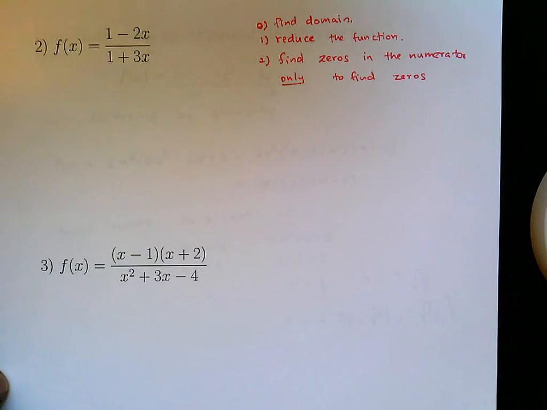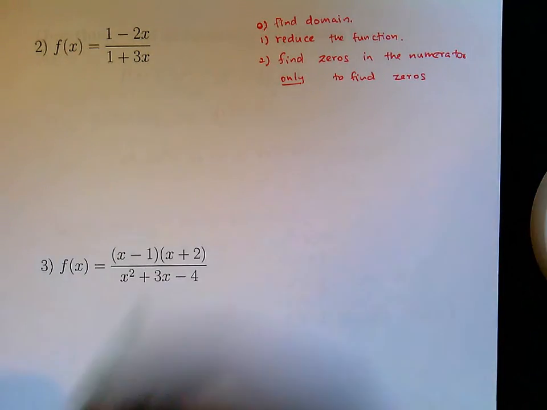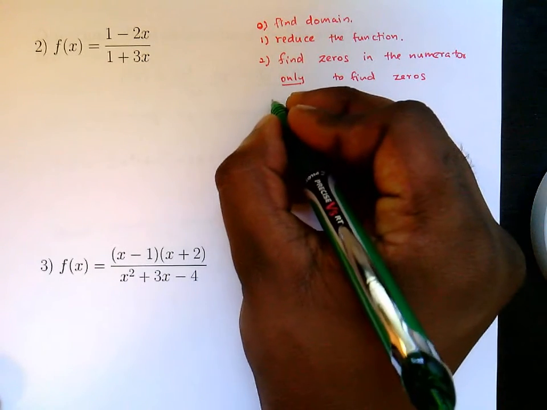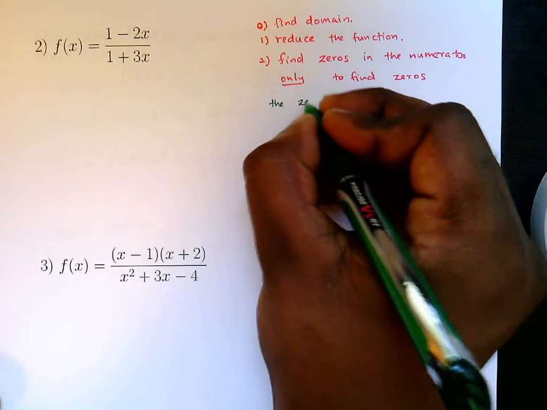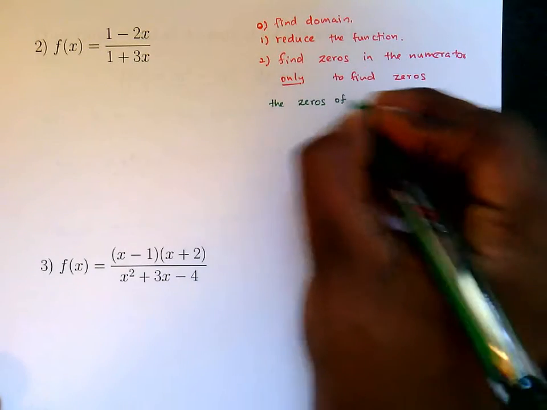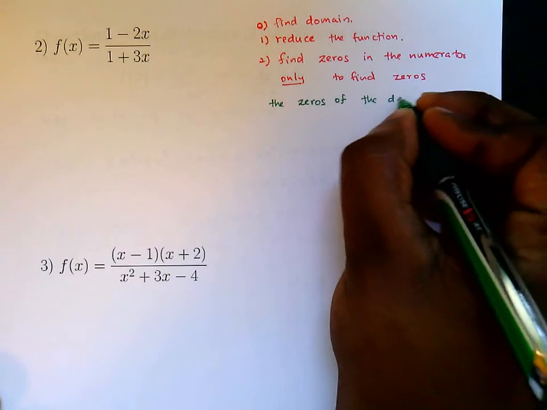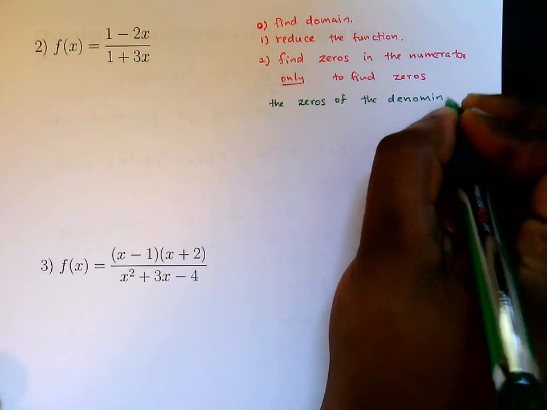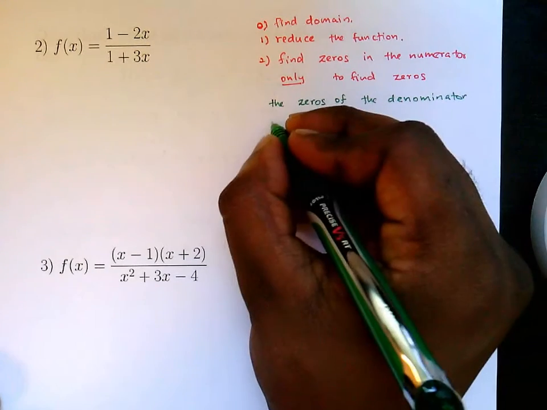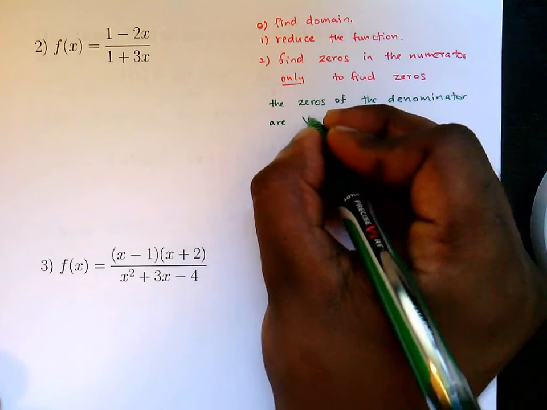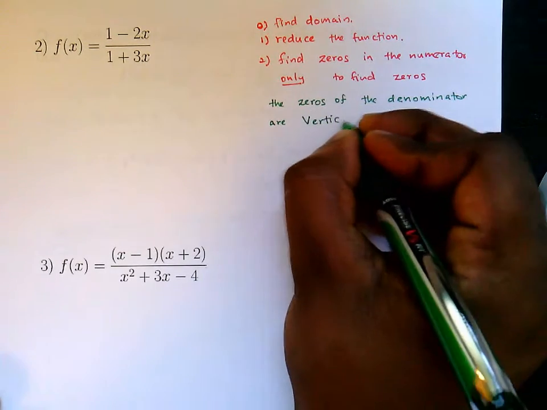If you ask me the question, why do you not consider the denominator? The denominator does not give zeros. The denominator gives something called vertical asymptotes. We will not talk about that today, but let me just write here: the zeros of the denominator are vertical asymptotes.